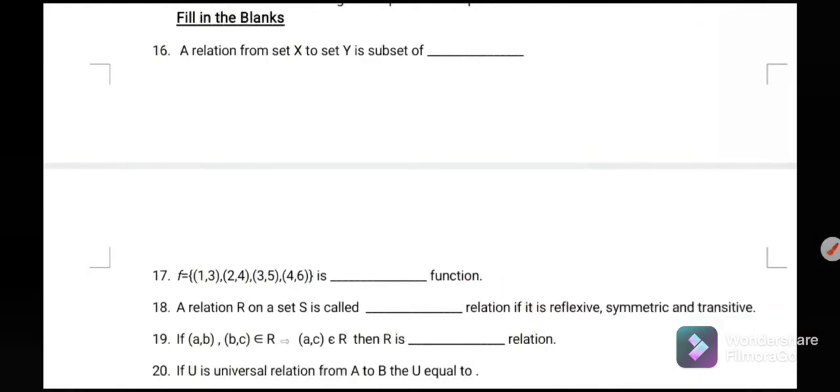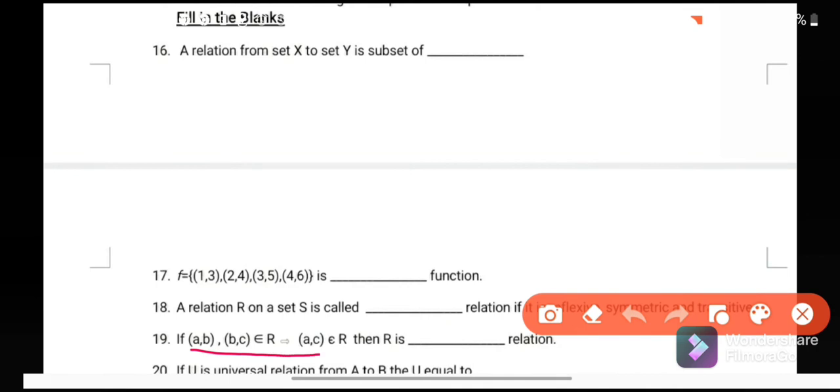Next, fill in the blank. If (a, b), (b, c) belongs to R implies (a, c) belongs to R, then R is transitive relation.